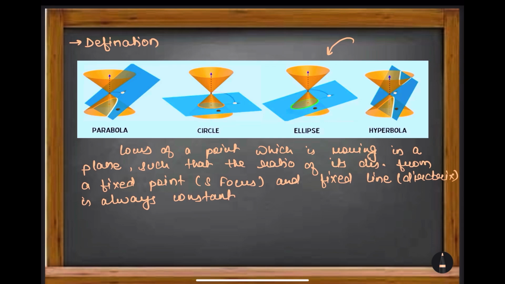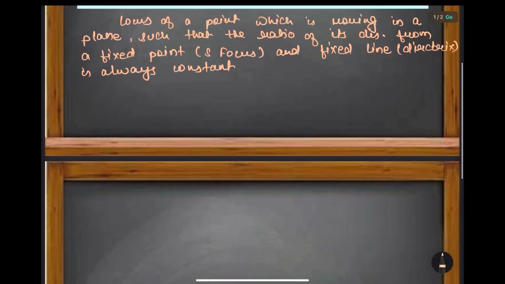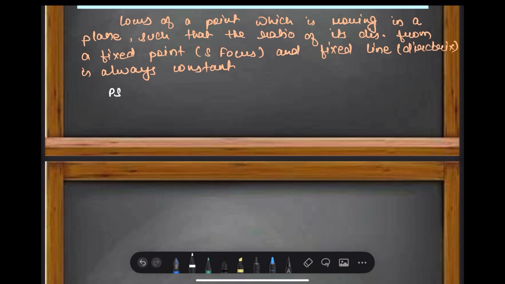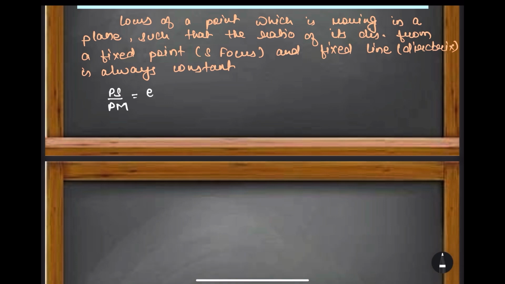You have studied this definition in parabola as well, where we have used PS upon PM. So PS upon PM, this thing we call eccentricity. In the parabola case, eccentricity was 1, but in this case we will have eccentricity less than 1, meaning the ratio of the distance of the point from the focus and directrix will be less than 1.